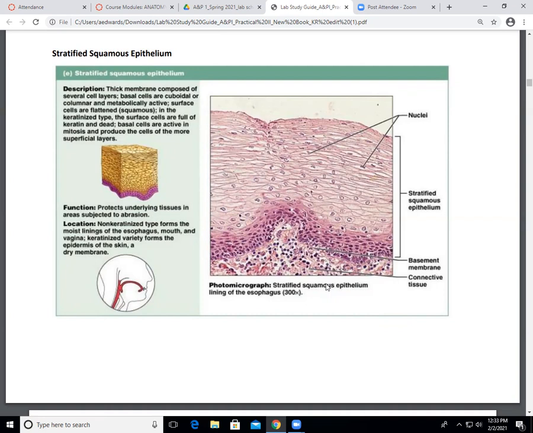So it's the anchor for the epithelial cells. But if you see multiple layers like that, it's stratified squamous. All right, and this is in the esophagus, right? This is how you get food down into your digestive system.